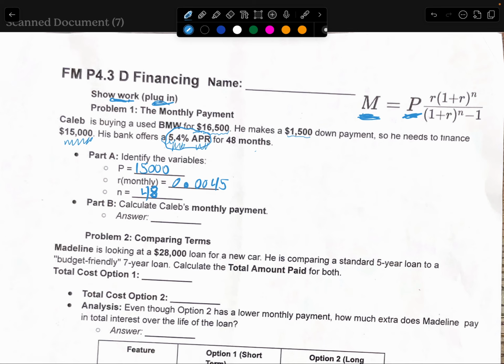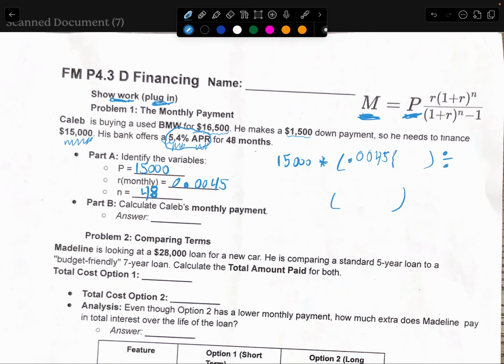The P is the 15,000, multiplied by the fraction, which has a top divided by the bottom. And the top is the R number, and then we have 1 plus R, the parenthesis.